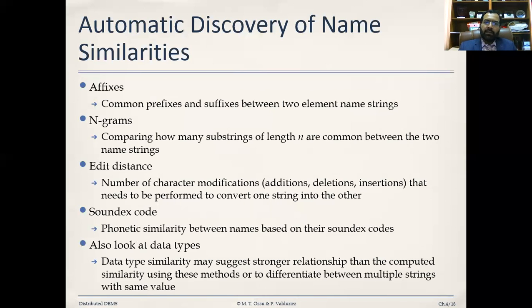Affixes means the common prefixes and suffixes between two element name strings. That is quite possible, sometimes we add a prefix or suffix to a certain thing. For example, if you are representing an item, you might write something before the item name or something after it. That is basically your prefix and suffix, and it might be different in various schemas.